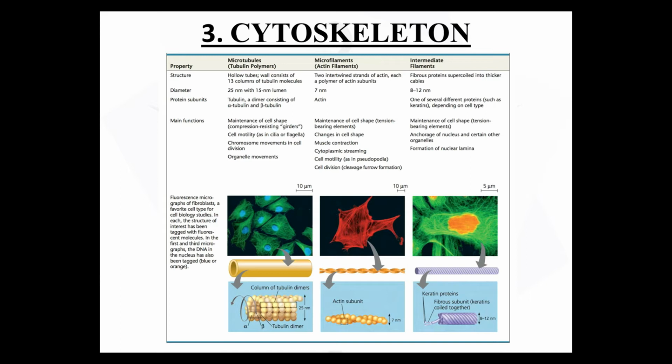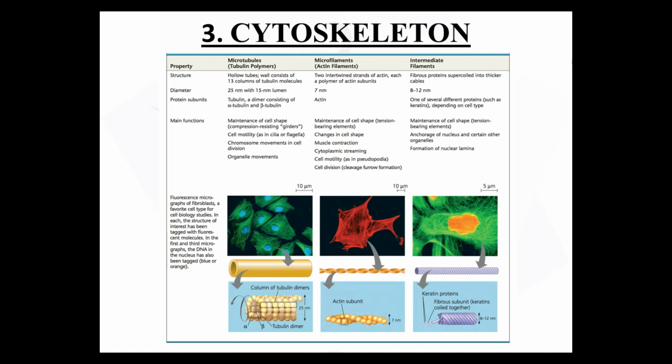They are responsible for providing shape to the cell. Organelles like secretory vesicles, chromosomes, cilia, and flagella move with the help of microtubules. The main functions of microtubules are maintenance of cell shape, cell motility, chromosome movement in cell division, and organelle movements.